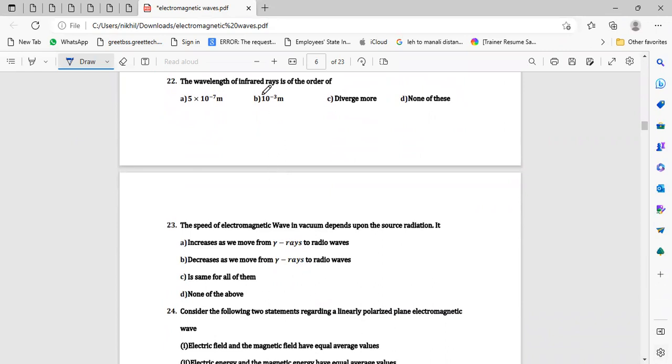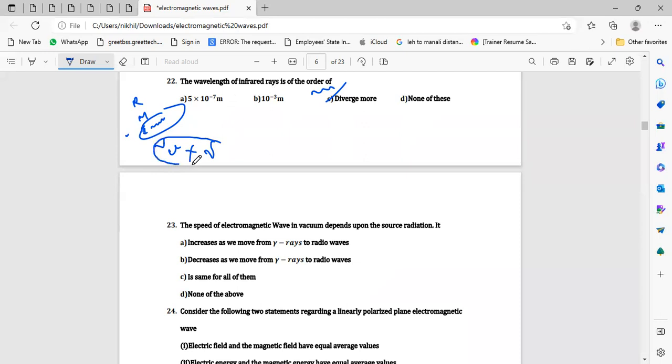Then the wavelength of the infrared rays is of the order. Infrared means what? Radio waves, microwaves, infrared. They have not given the order. We can tell it is going to diverge more because it still has more wavelength, because we still have visible, UV, X-ray and gamma ray above it.